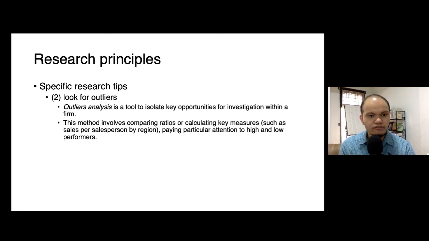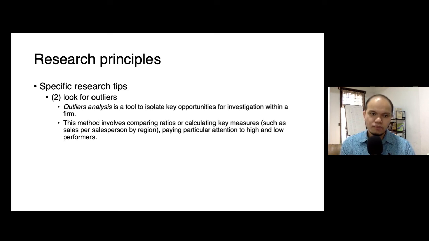It's a combination of your outliers and the other things that you collect along the way that will probably give you some insight. But more than that, you don't just do anything with the outliers yet. There are a lot of ways of looking for outliers. It could be comparing ratios, calculating key measures, paying particular attention to high performers, to low performers, to a bad year, to a good quarter or a good half or a good month or a good week.